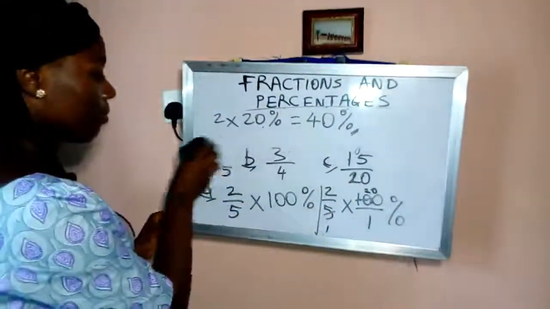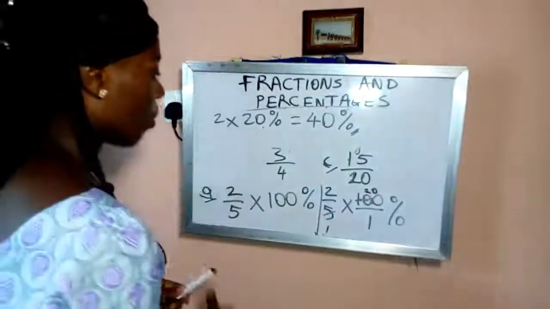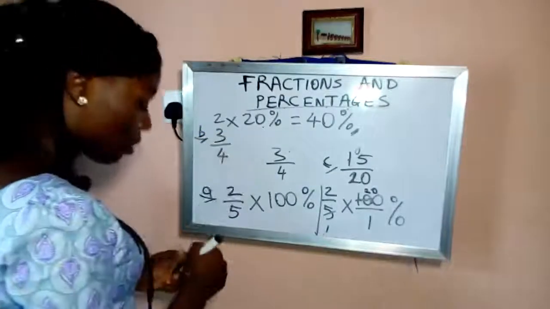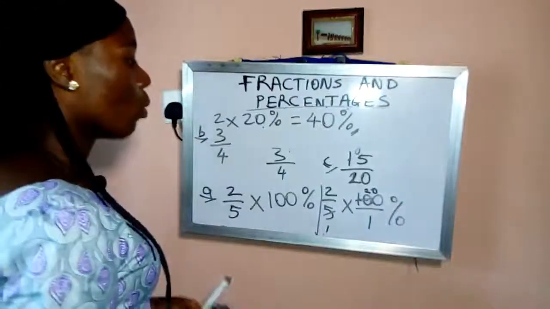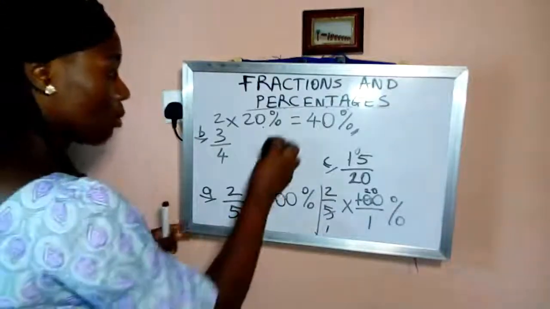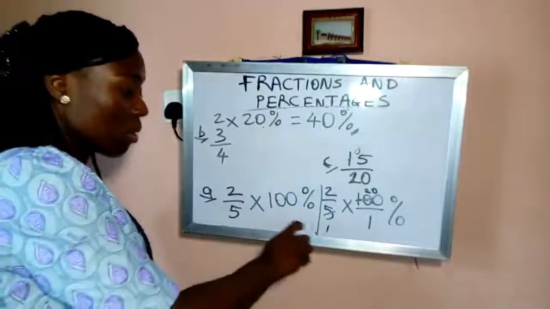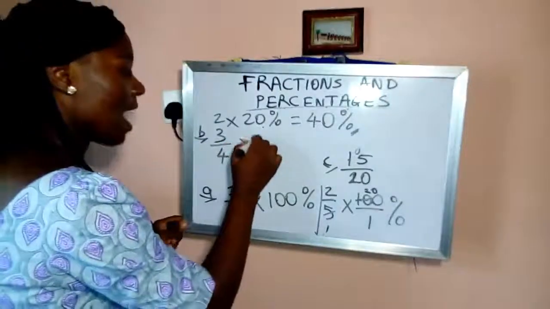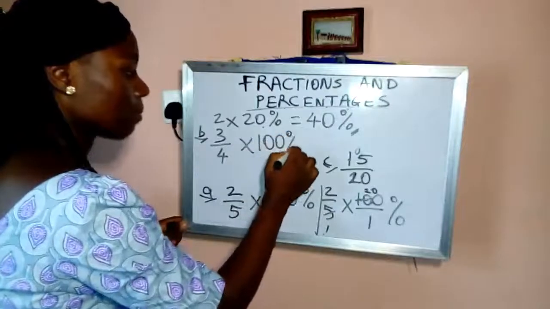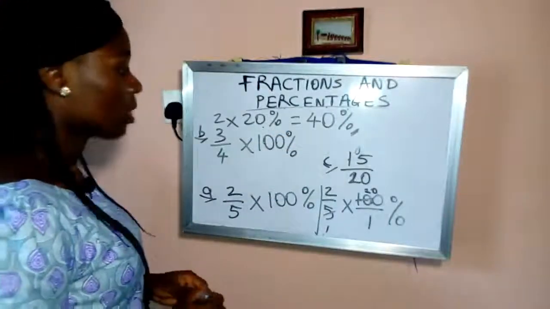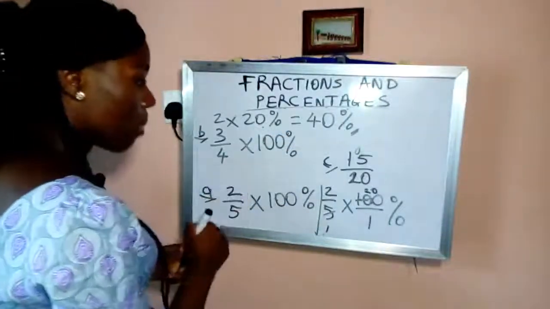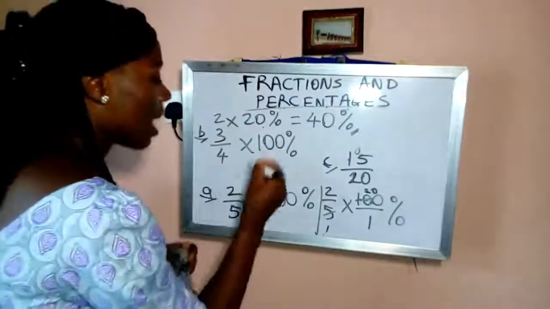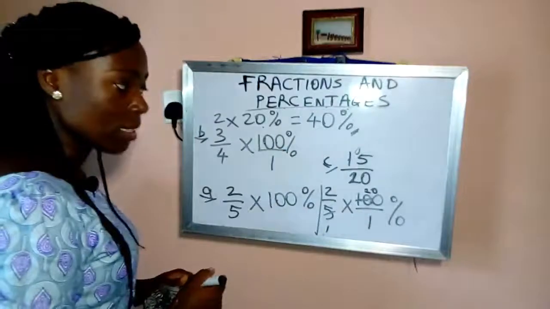Let's see the second one. We have 3/4. B, 3/4. And I want to change 3/4 to a percentage. I simply use the same method I did for this one. I simply multiply it by 100%. Now, remember, when we say 100%, it's the same thing as 100 over 1%.